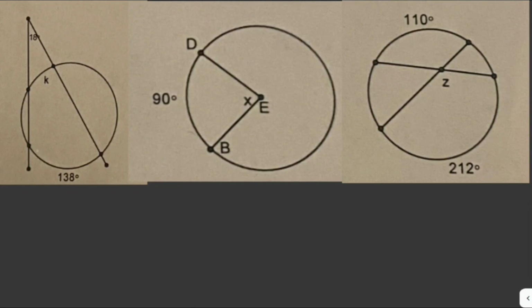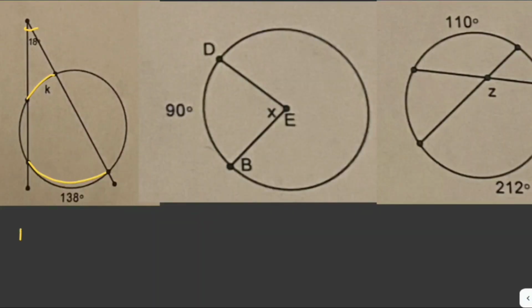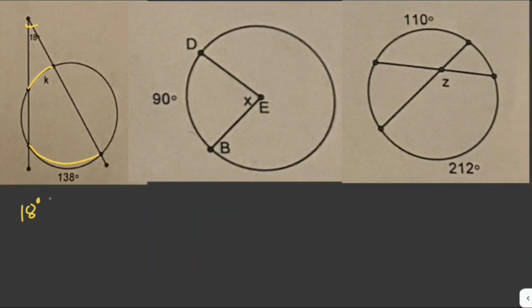Okay, we're given here the major arc and the exterior angle. We need to solve for the minor arc. So the exterior angle is 18 degrees. So that is 18 degrees equals the major arc, which is 138, minus K, over 2.